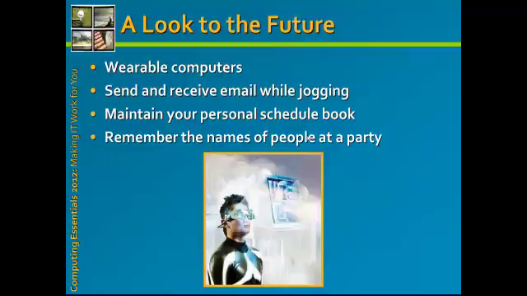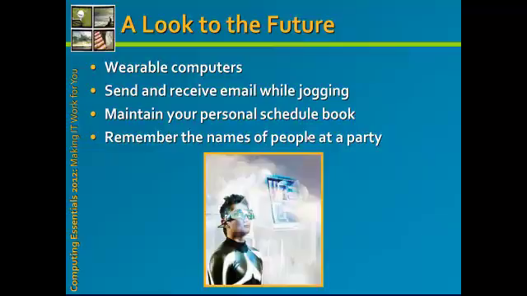A really cool thing was to look into the future. They have wearable computers, which they already have. They're pretty awesome, kind of expensive. Send and receive email while jogging. Of course, you have that because you send it from your cell phone. And now with Siri, with the iPhone 4S, you can actually talk and it types it out and sends it for you.